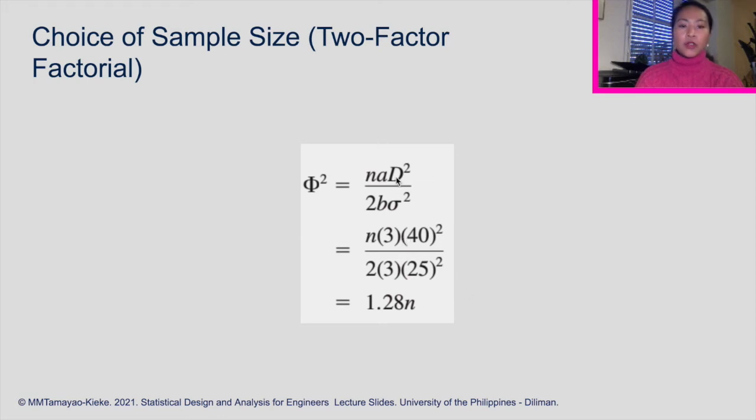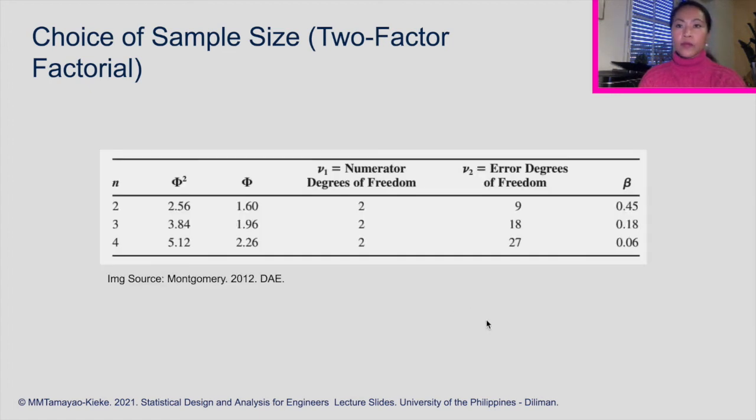By substituting the values, we get the expression that helps us identify the minimum value of phi squared, so it's 1.28n. Now, assuming a significance level of 0.05, we can use Appendix Table 5 from Design and Analysis of Experiments by Montgomery to arrive at the following.